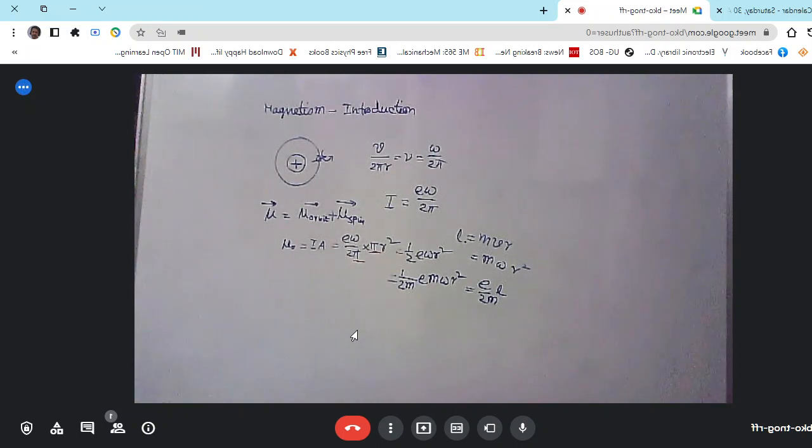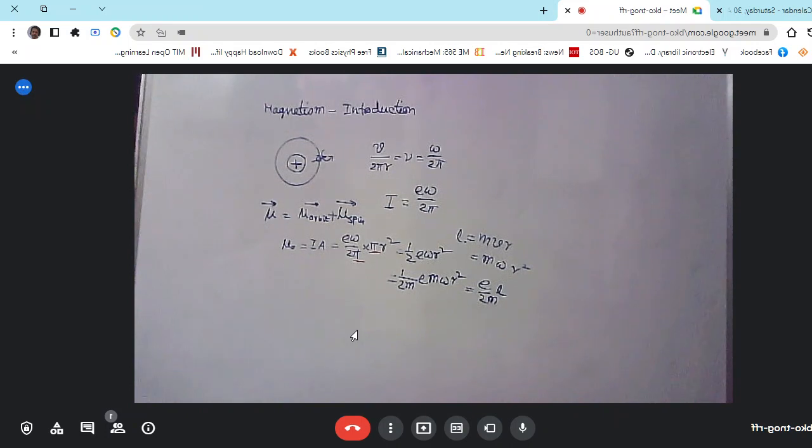Now, if I move over from classical mechanics to quantum theory, then obviously we will see that L cannot have continuous values. Its value is quantized.